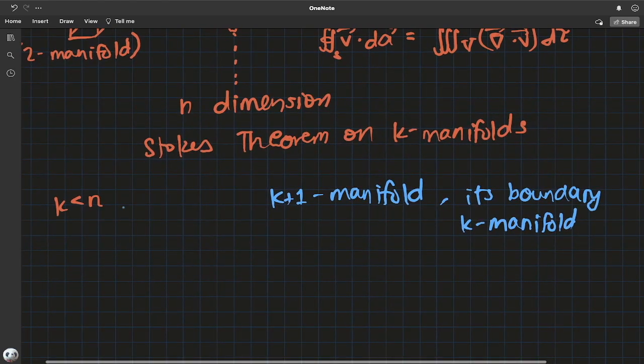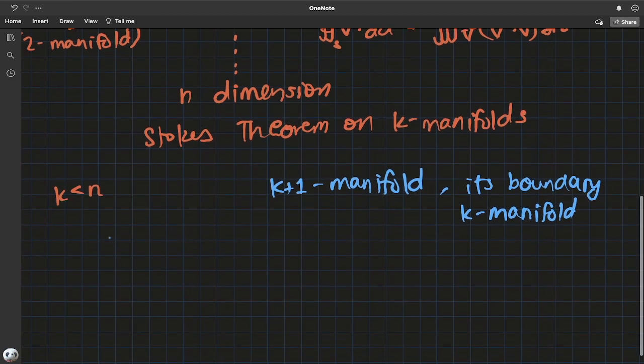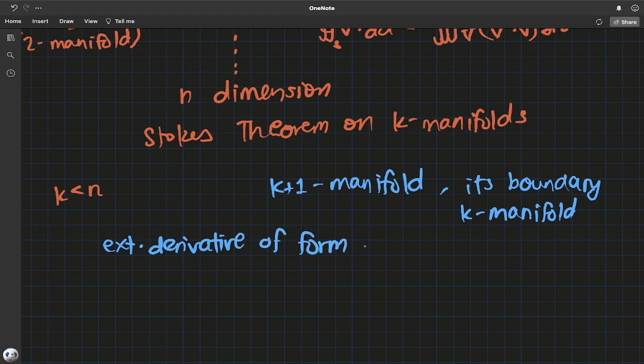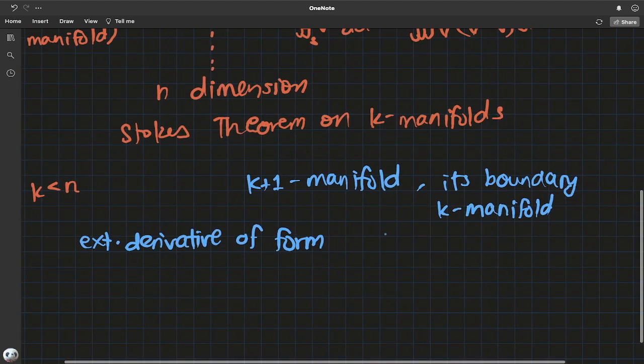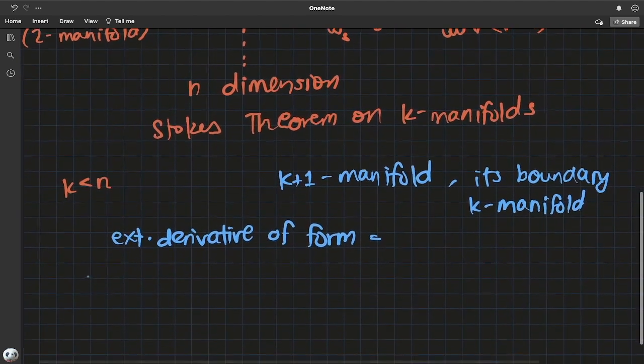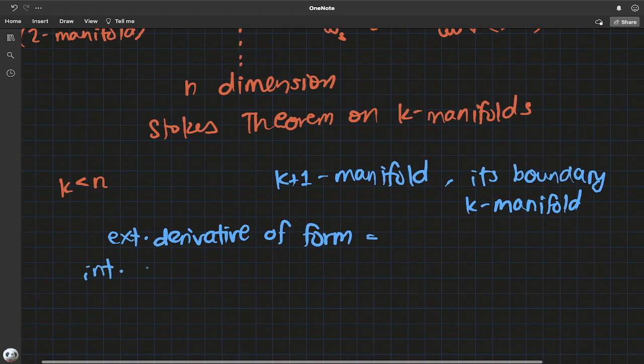More than calling it a differential operator, it's the exterior derivative of a form, which naturally has order 1 more than the form itself, integrated on a k plus 1 manifold.